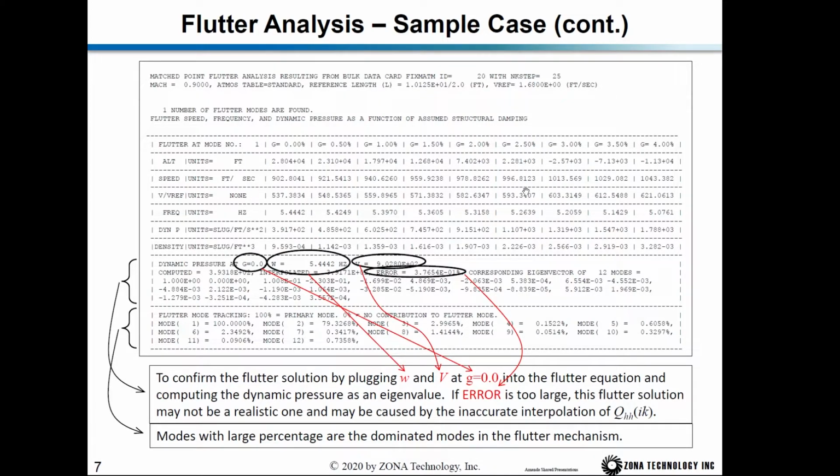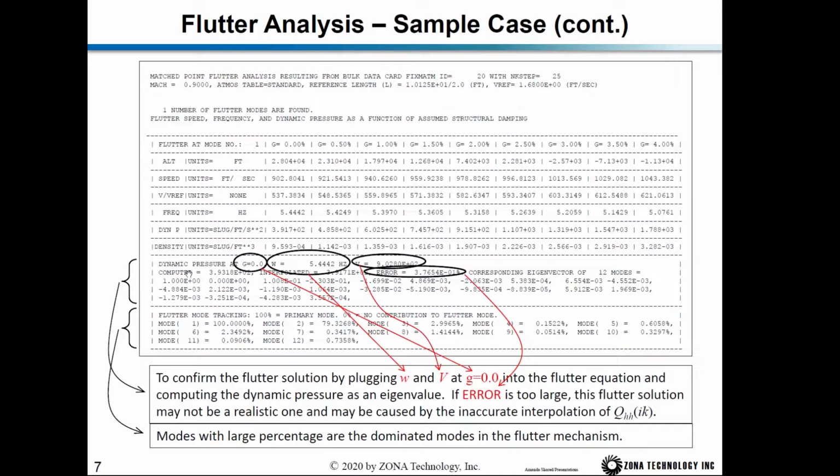And after you print out this table, you will do a flutter confirmation. So this is the flutter frequency, this is the flutter velocity from this table. Then you will plug those two values back into the flutter equation, and then you will use the dynamic pressure as an eigenvalue problem.